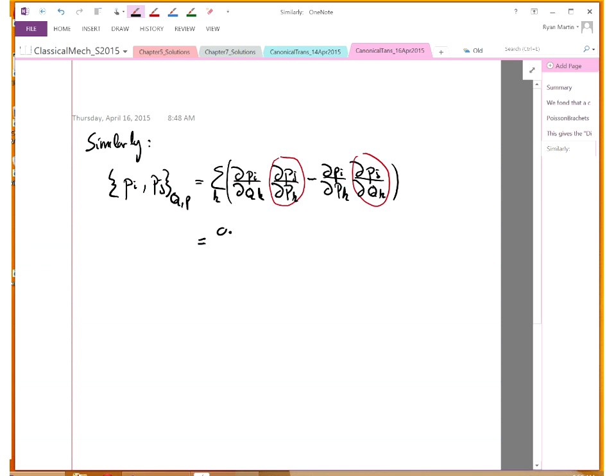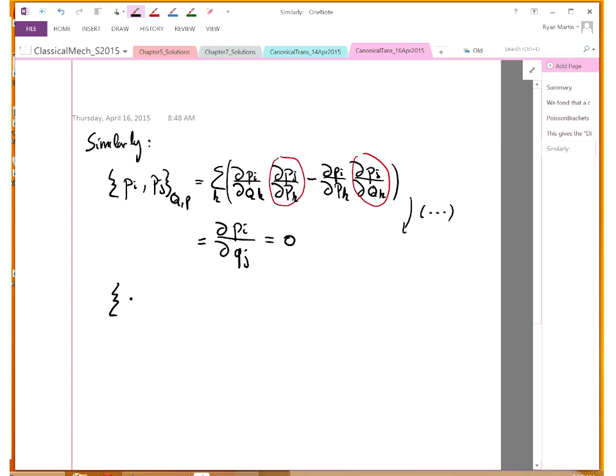What you find in the end is that it's going to be equal to ∂lowercase pi by ∂lowercase qj, and that's equal to 0. It's exactly the same math. It's painful, you saw how painful it was, but it's doable.